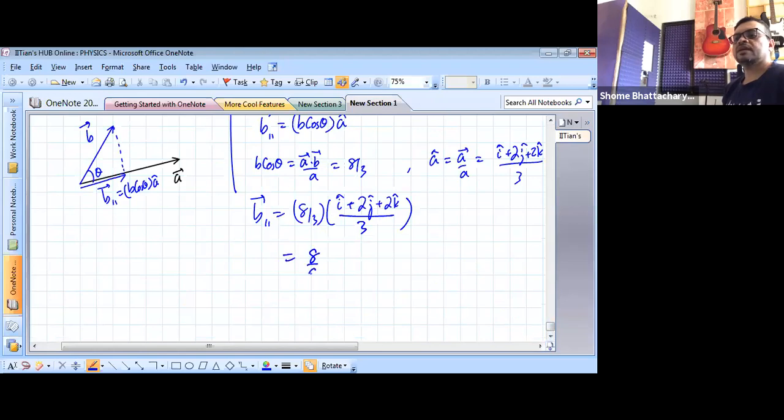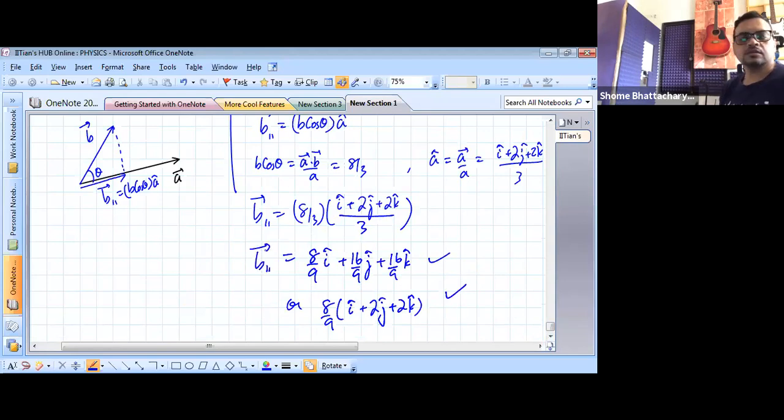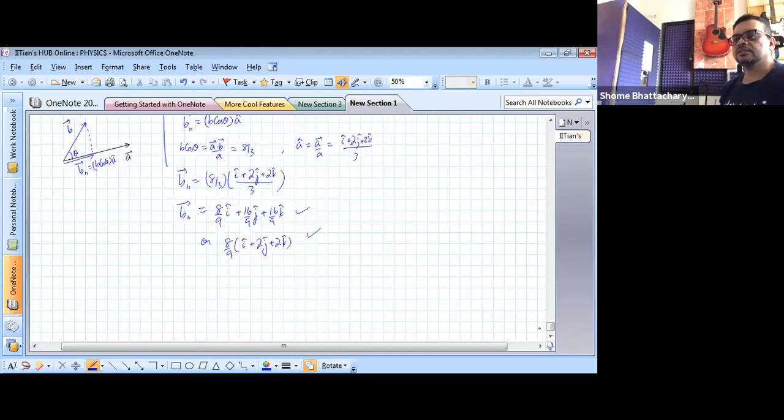So 8 by 9 I cap plus 16 by 9 j cap plus 16 by 9 k cap, or we can also write it as 8 by 9 common, so I cap plus 2j cap plus 2k cap. Any of these answers is okay, but this becomes the parallel component. Okay. So this is your final question of the first exercise.